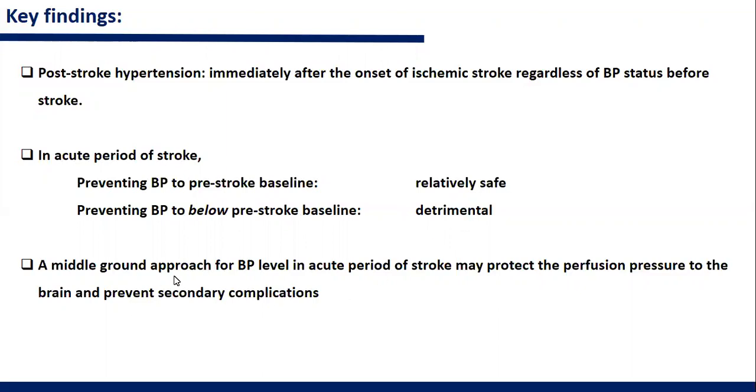Hence, considering undiagnosed hypertensive patients and treated hypertensive patients, a middle ground approach is necessary while reducing the blood pressure after stroke, to avoid hyperperfusion in the brain and also to prevent secondary complications such as hemorrhage or other complications.